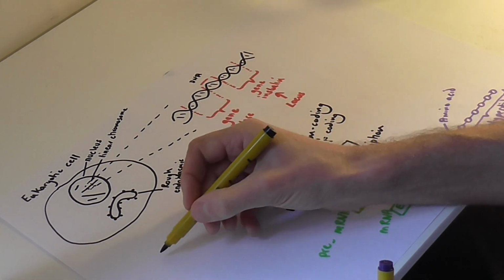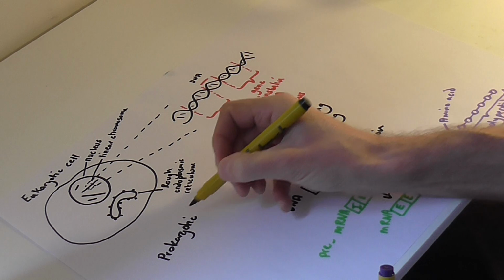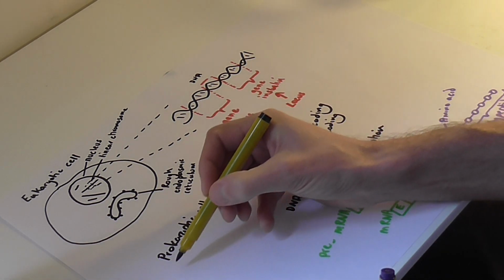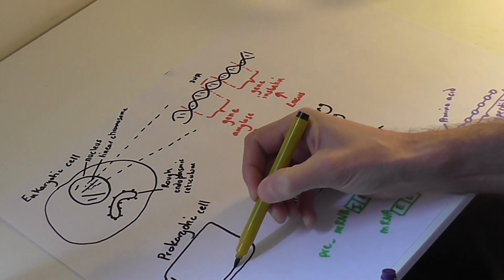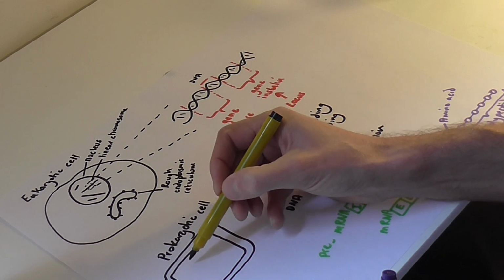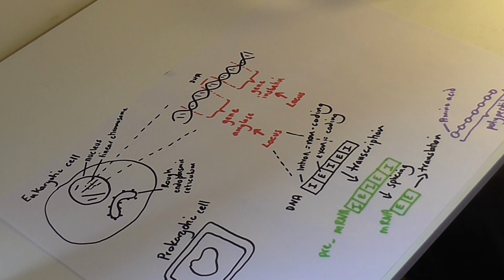If we just consider a prokaryotic cell, we know that the DNA just exists as a loop, with no histones associated with the DNA itself. The process of protein synthesis is identical in prokaryotic cells, except for one feature.